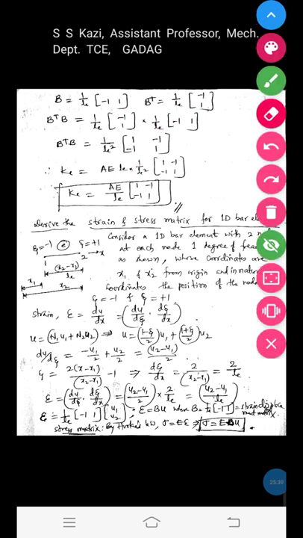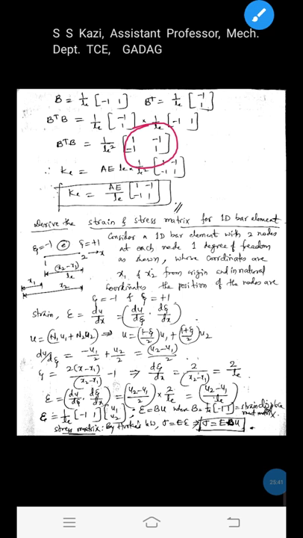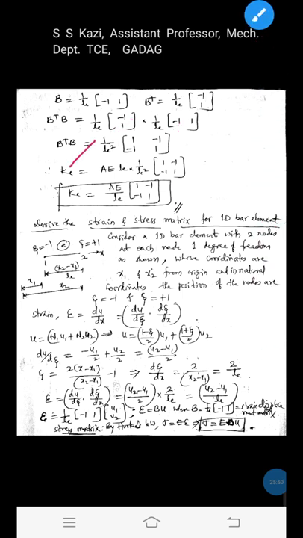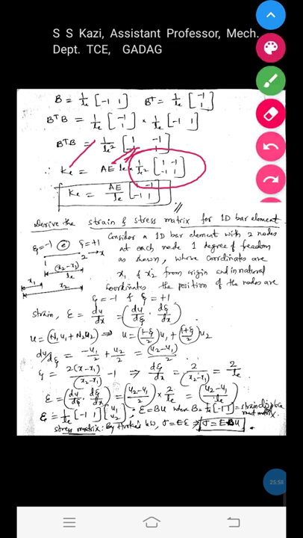Like this, we got 4 stiffness terms, 4 values of this product, 1 by LE square, [1 -1; -1 1]. Now we will write the stiffness matrix AE into LE, AE LE into B transpose into B is given by this. Just now we got the product.